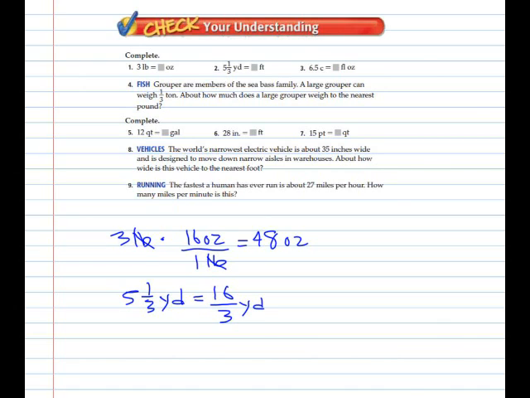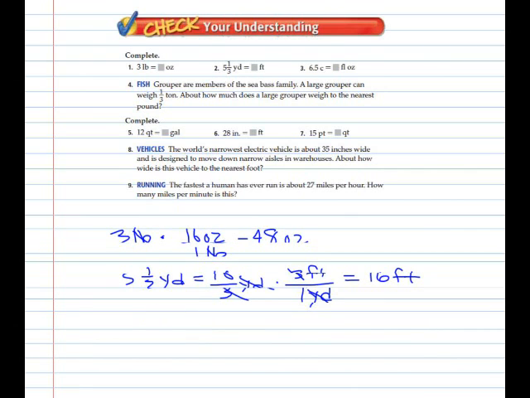And I know that I have 3 feet per 1 yard. That's my unit ratio. Divide out the common units, divide by the common factor of 3, which gives me 16 feet.